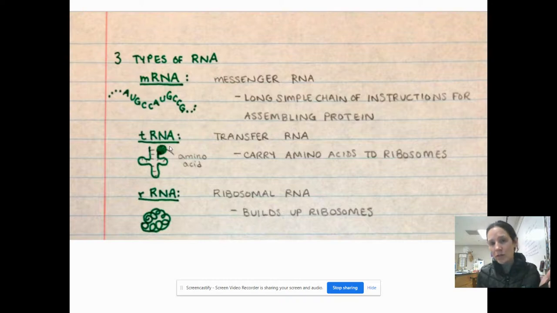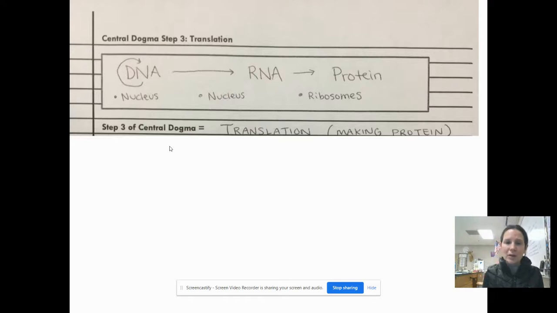So now that you know the three types of RNA, we're going to move on and talk about, okay, how do we go from RNA, one of these three types, and actually make a protein for our body? So we're going to talk about it in terms of that central dogma that we've talked about before. The first step is that DNA makes more copies of DNA. That's replication. That happens in the nucleus. Then DNA makes a simpler copy of its instructions called RNA.